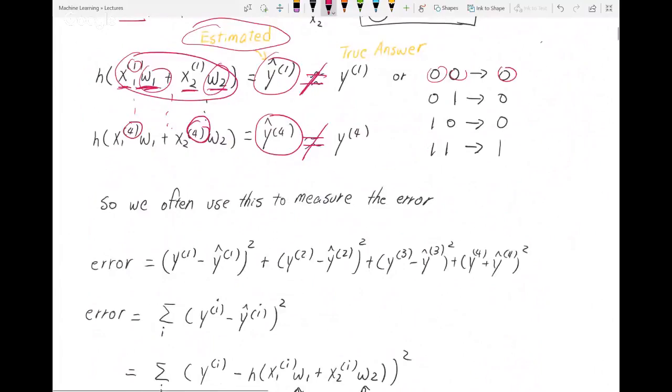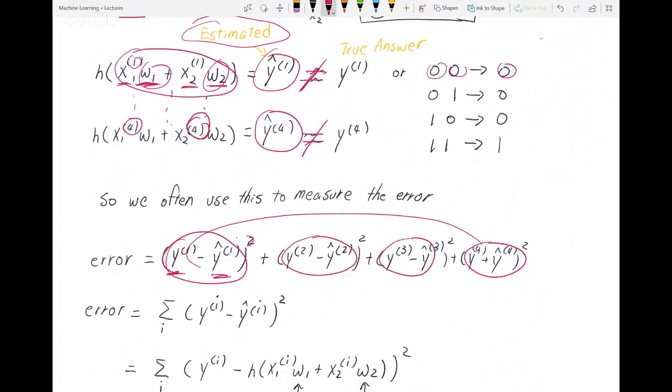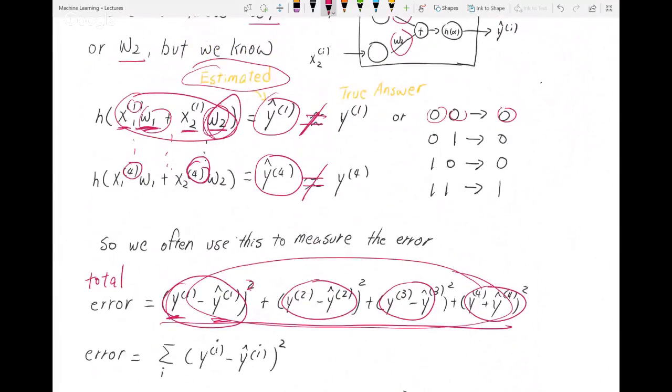A very common way to measure the error is to take the truth, subtract our estimate, and square it, so we make sure it's always positive. This is essentially the first error. This is the second error, third, fourth. If we add all of them together, you can picture this as our total error, the total error with the W1 and W2 that we have chosen.